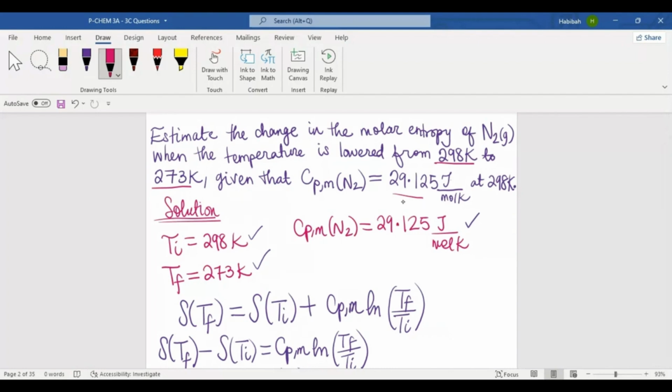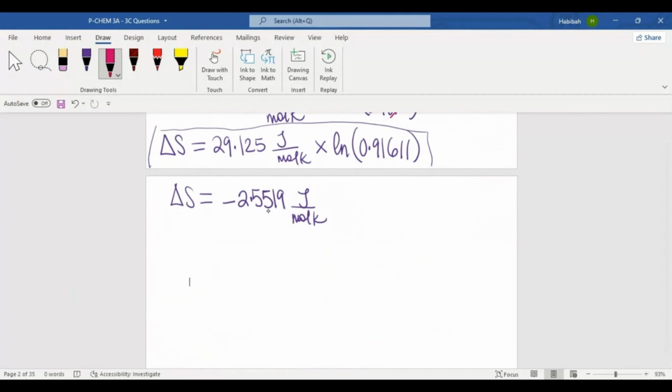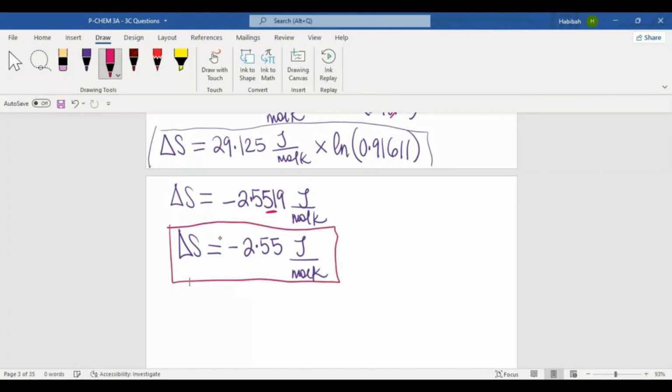So we're going to pick the lowest number of significant figures. So we're going to end up having our change in S to be negative 2.55 joule per mole Kelvin. So that is basically the answer to this question. So that's how it's done.